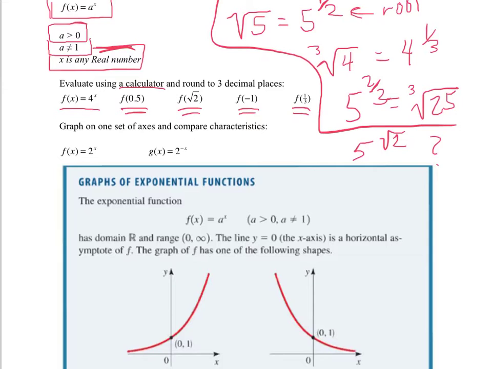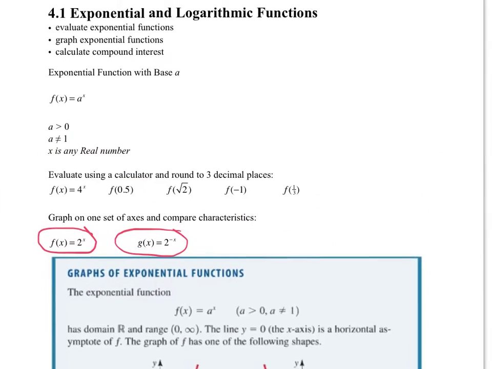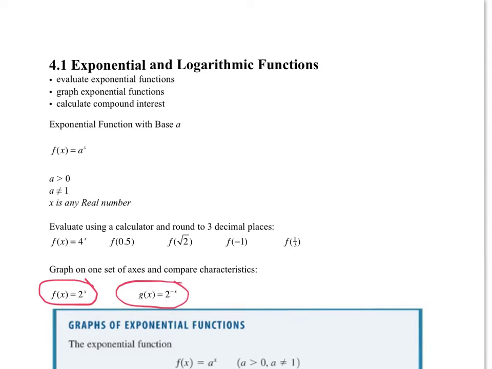So we compared the graphs of 2 to the x power and 2 to the negative x power in class, and we found that the graph of 2 to the x power looked like this.